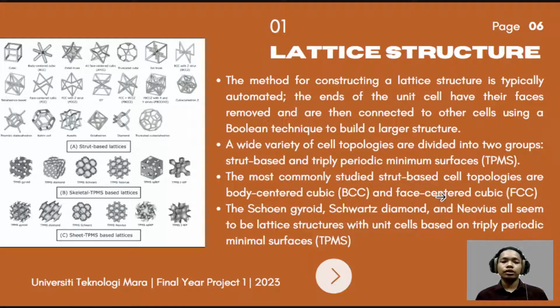A wide variety of cell topologies are divided into 2 groups, which, as I stated earlier, are strut base and TPMS. Most commonly used is BCC, which is body centered cubic, and face centered cubic for strut base. Gyroid, swarth, and diamond are the most common lattice structures found in the TPMS.